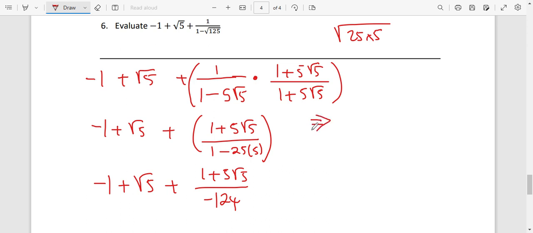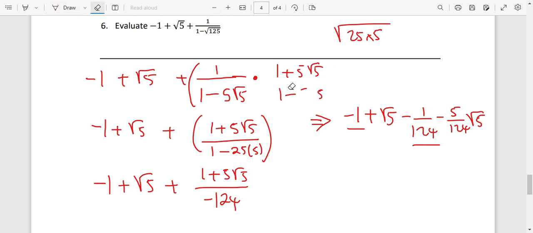Yes, Esther. So I'm going to distribute the negative 124 to the 1. So we're going to have negative 1 over 124. To the 5 root 5, we're going to have negative 5 over 124 root 5. Now add like terms. Negative 1 minus 1 over 124.